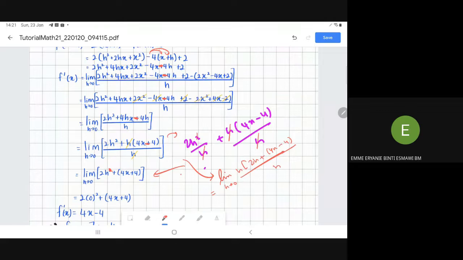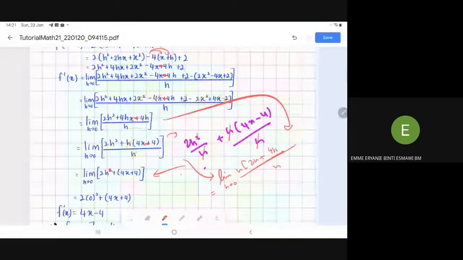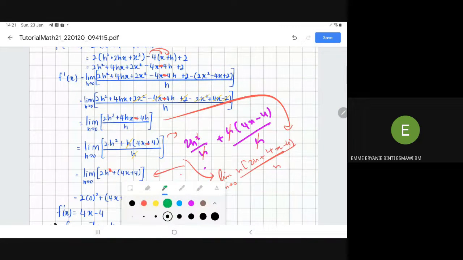Okay, ataupun daripada line yang sebelum tu, kita factorize h dah. Pada datang ni kan, kita factorize terus h. Dah factorize h tu, barulah kita boleh cancel the h.